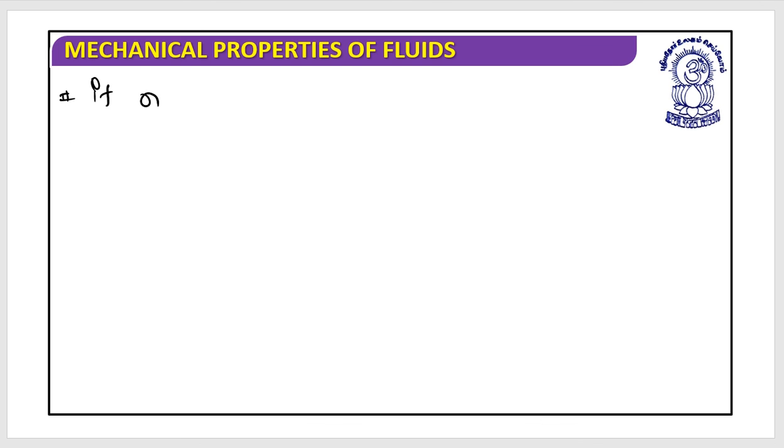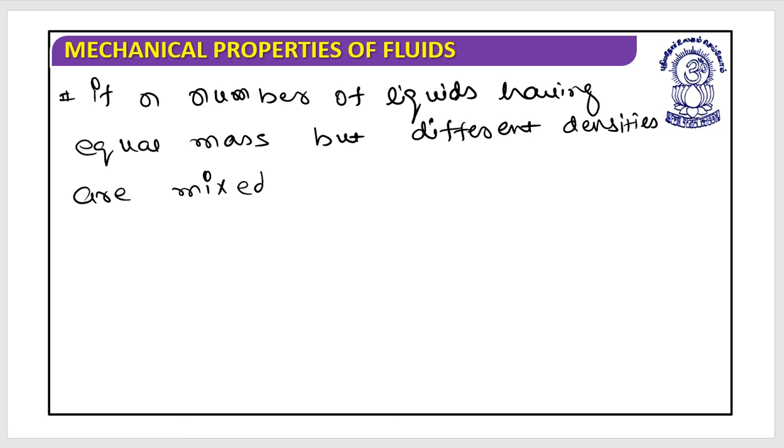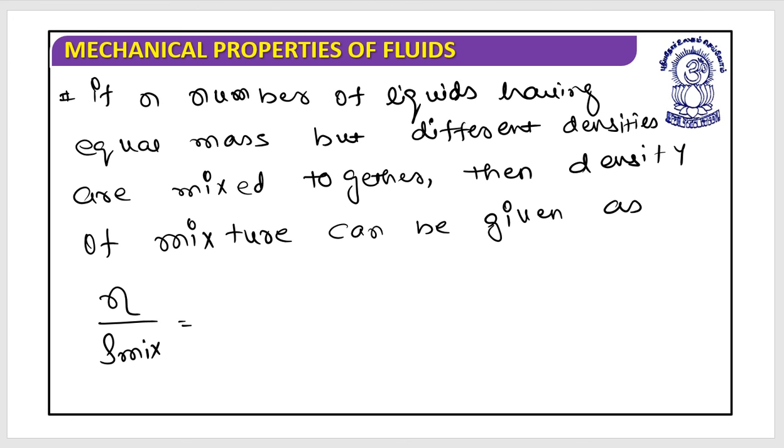If n number of liquids having equal mass but different densities are mixed together, then the density of the mixture can be given as: n divided by density of mixture is equal to 1 by density of 1 plus 1 by density of 2 plus 1 by density of 3 and onwards up to 1 by density of n.